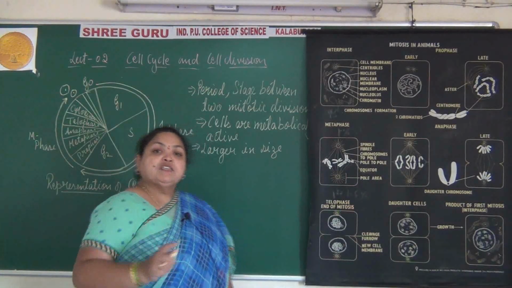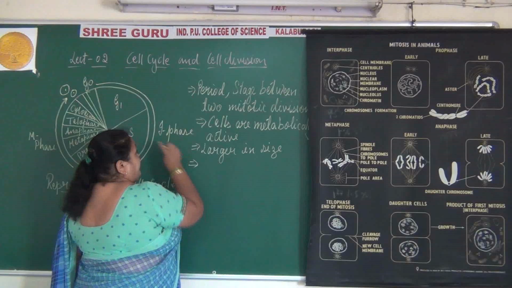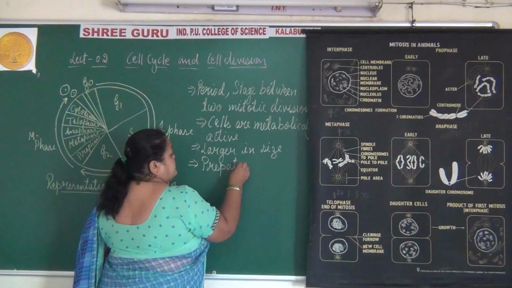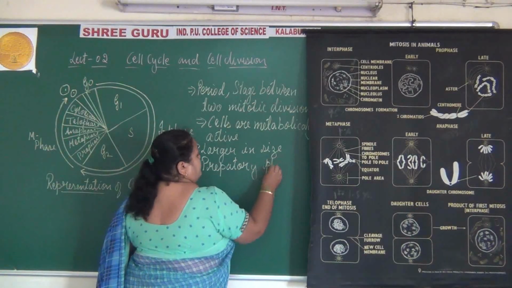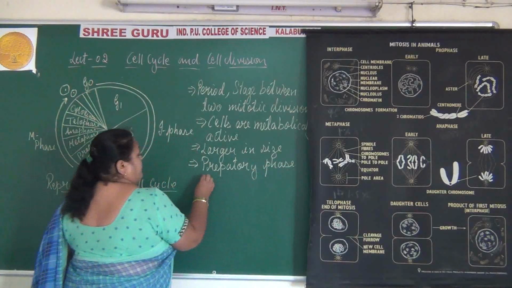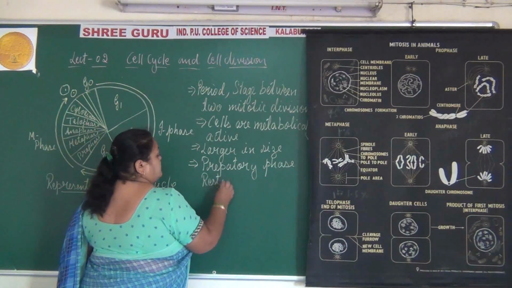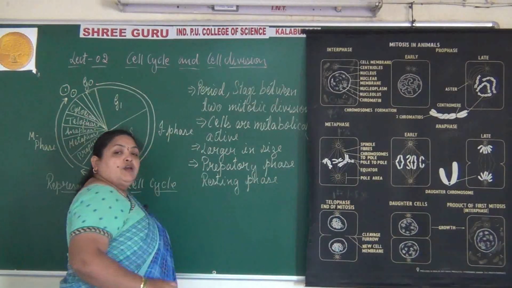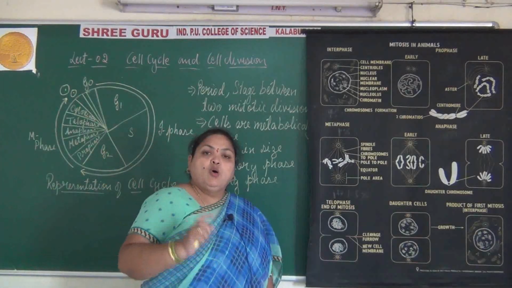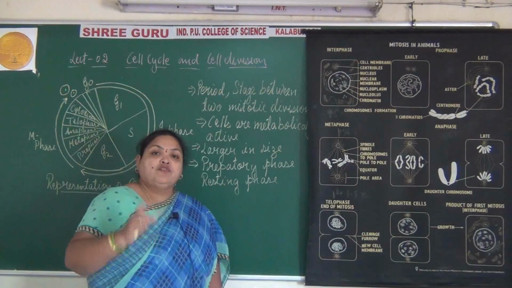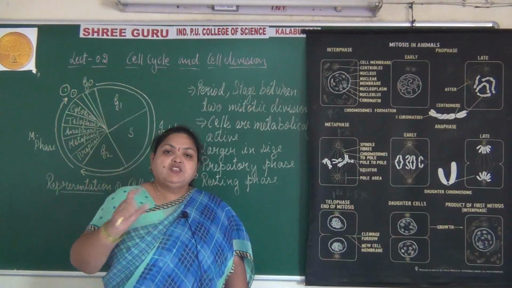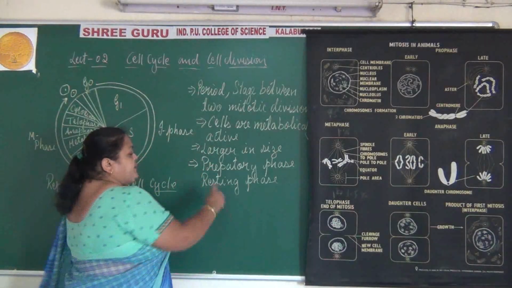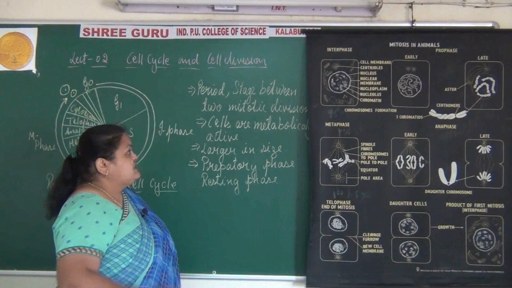This stage, interphase, is also called the preparatory phase or the resting phase, where you can see changes only in the part of the nucleus. You can find certain changes in the nucleus. So this stage is also called the preparatory phase or the resting phase.